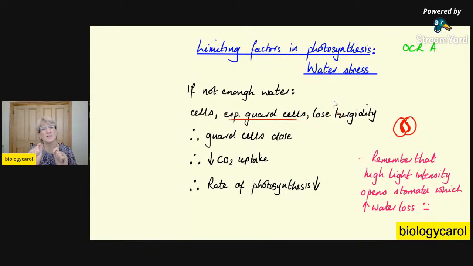Because of guard cells' adaptation and them being thicker, now I can't do it with my hands, thicker on this inside edge, it actually means that when they lose water, they flop closed. Whereas it's probably easier to think about that when they are turgid, when they are full of water. Oh, no, I can't explain it well.